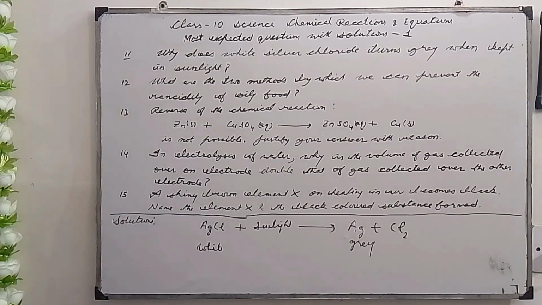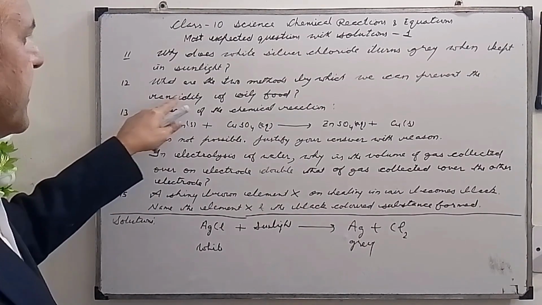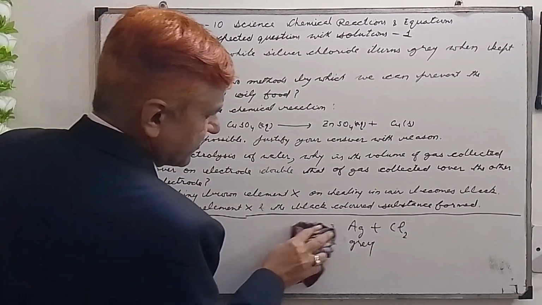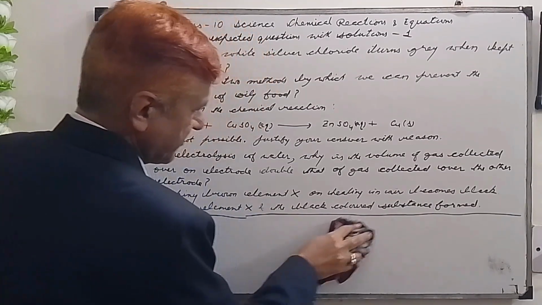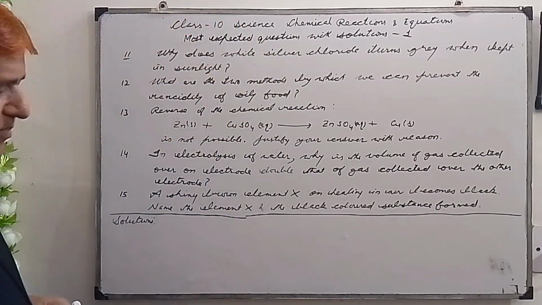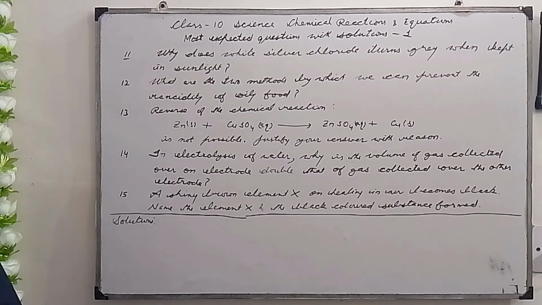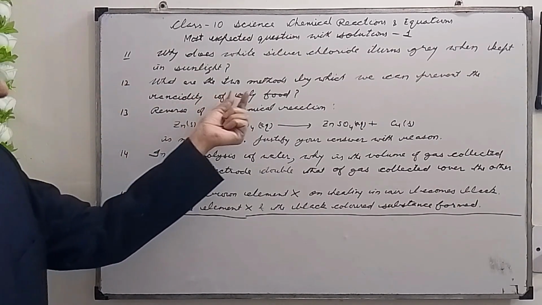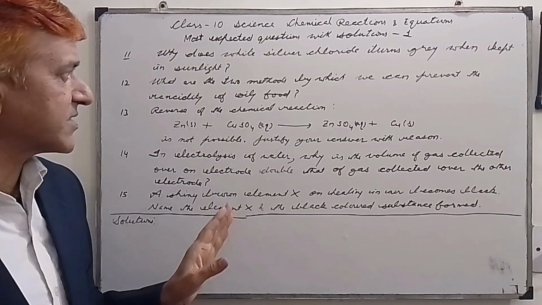Next question is, what are two methods by which we can prevent rancidity of oily food? My dear students, there are many methods actually to prevent rancidity. For example, you can add antioxidants. You can keep oily food in airtight containers.